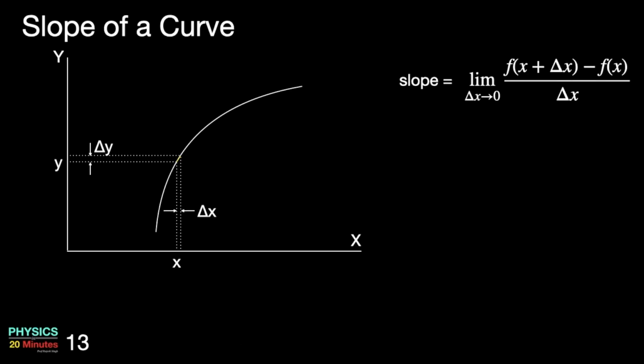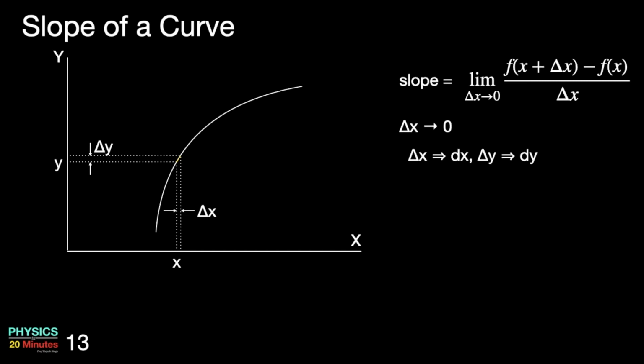This technique will become better and better if delta x tends to 0. Therefore, I can find the slope at point x by taking the limit of delta x to 0 of the previous equation. Slope here will be equal to limit delta x tends to 0, f of x plus delta x minus f of x upon delta x.